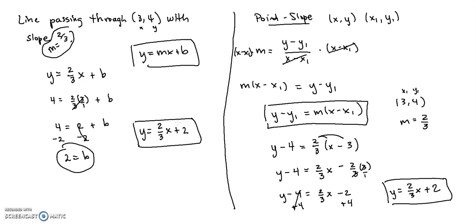Okay, so let's try one more. Let's try a line with slope -3 passing through, let's say, 4, -1.